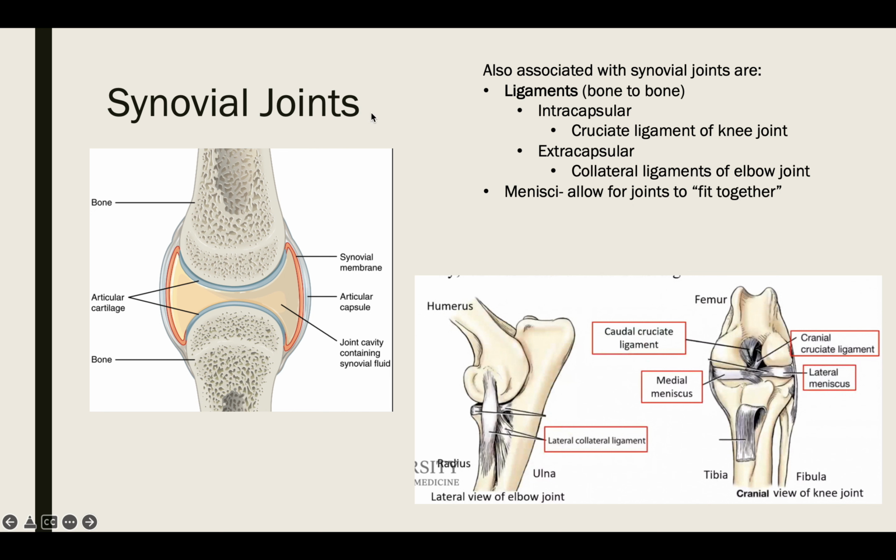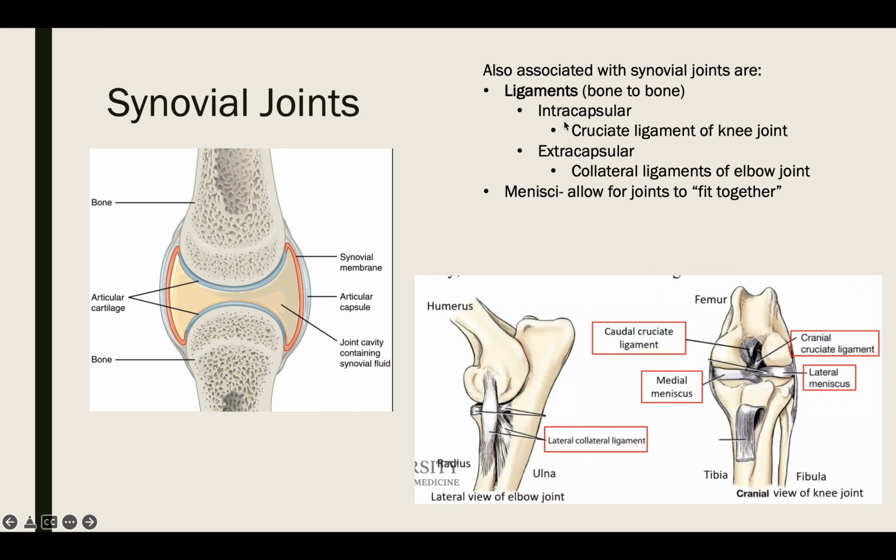Other things you need to know with synovial joints, we're going to have those ligaments. Ligaments are going to be bone to bone. You'll learn about tendons, which are going to be muscle to bone, in a bit. You can have the collateral ligaments, which are going to be on the sides. There it is, on the sides. And then you have cruciate ligaments, which are going to be inside. So intracapsular, sorry, skipped a bit.